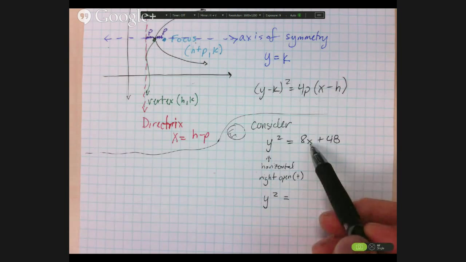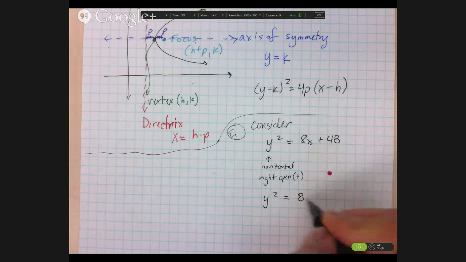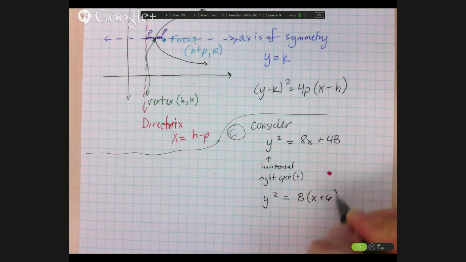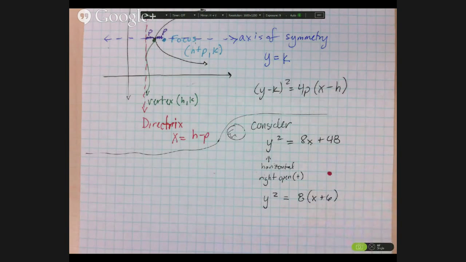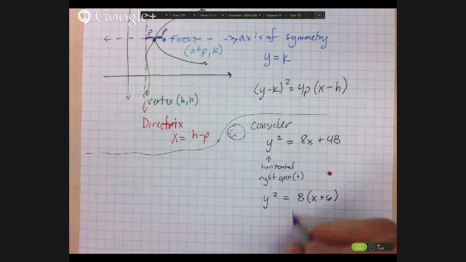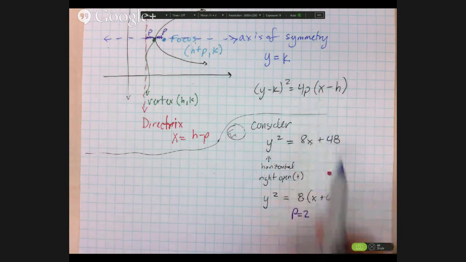How are we going to get it by itself? Factor an 8 out. Okay. Now we're good. So that's the equation in standard form. 2 times 4. Yep.